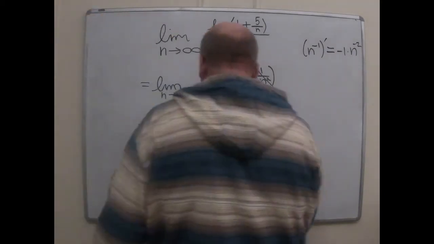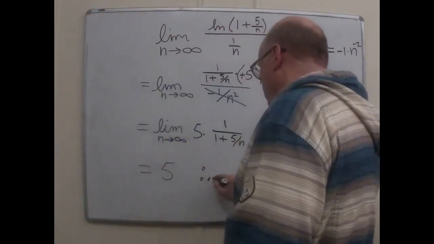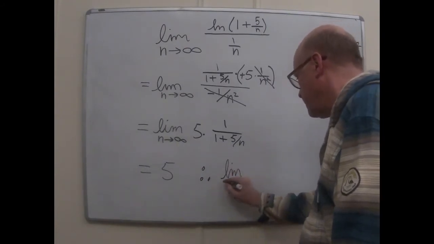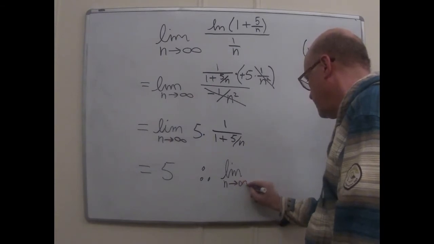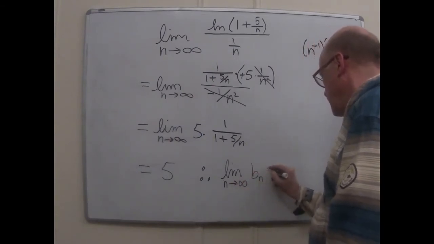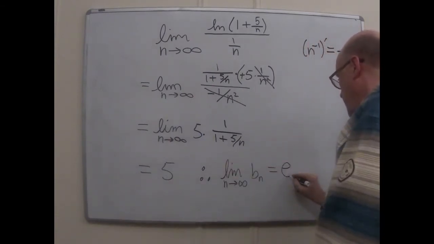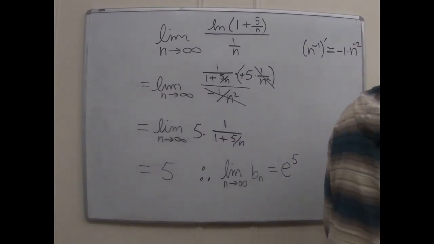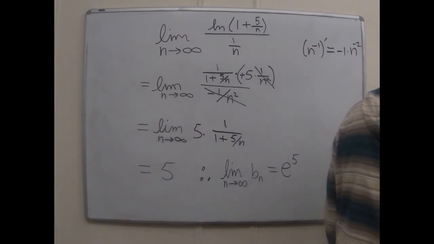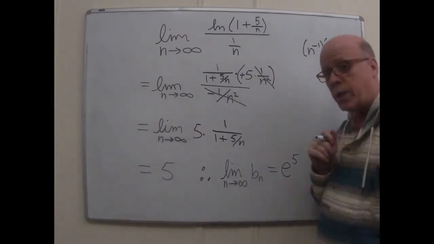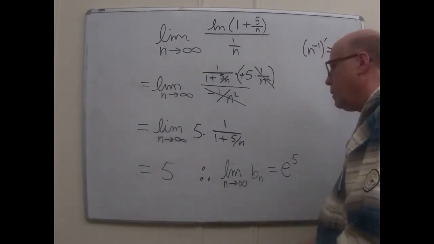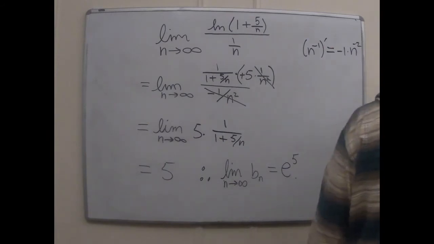This is the limit of c sub n, so the limit we're actually after, the b sub n, is e raised to the power of that, e to the 5th. I just checked and the book agrees with me. So that's a couple of examples of using limit laws.